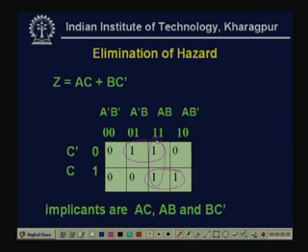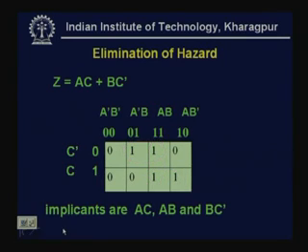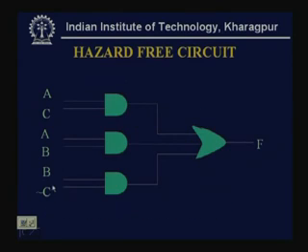So, now again we consider this implicant AB. So, now the implicants are AC, AB and BC dash. So, what will be the circuit? See that this is AC, AB, BC dash.